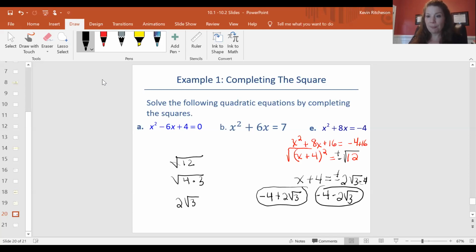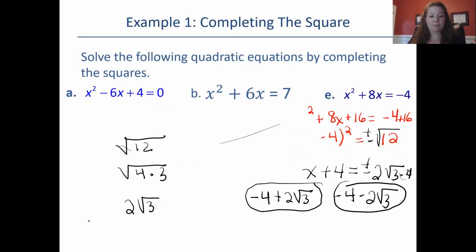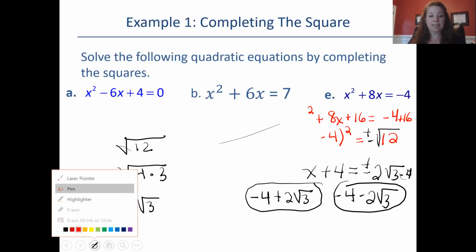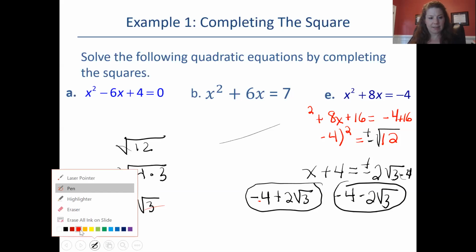Okie dokie. All right, let's get rid of that. Let me go back to our full screen. There we go. And then we will erase all of it. Eraser. Nope. Erase all.